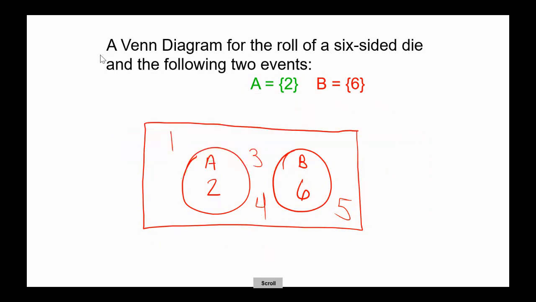So notice here, let me back up. Notice that the intersection here is empty. Just a little bit of extra math terminology. If we were to do the intersection of A and B, is there anything that these two sets have in common? No. So we would say this is the empty set.